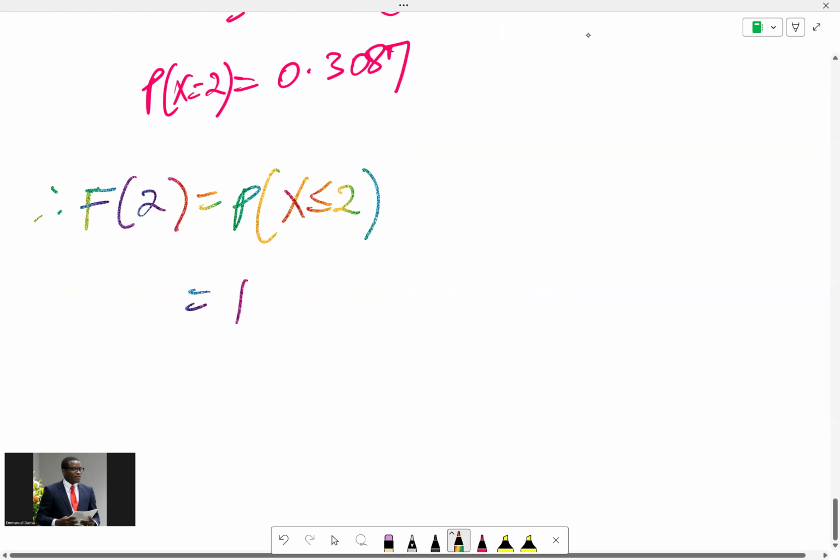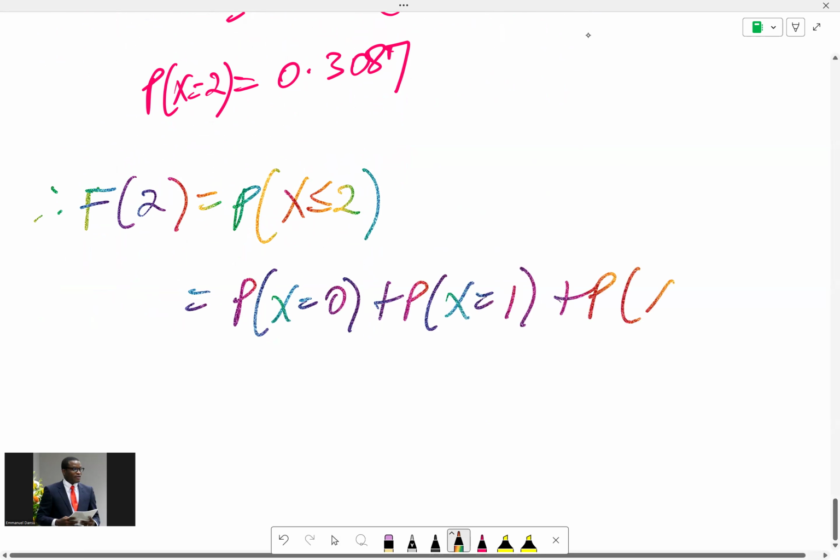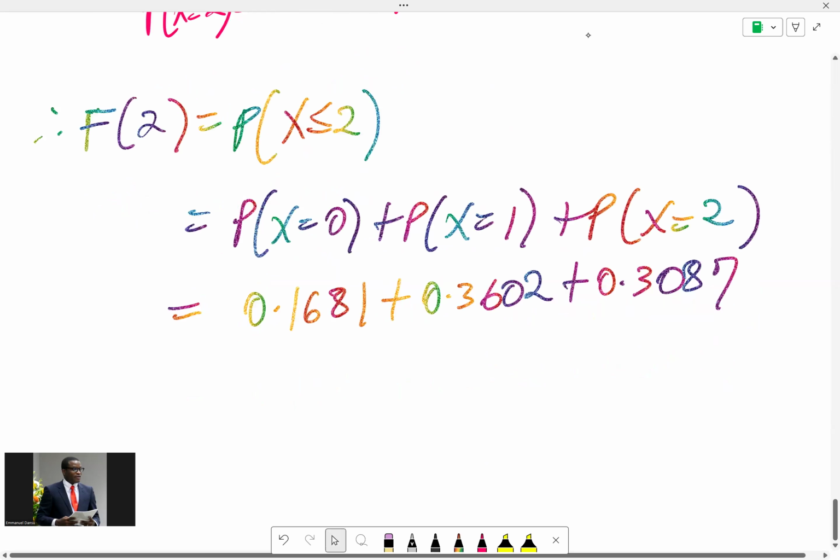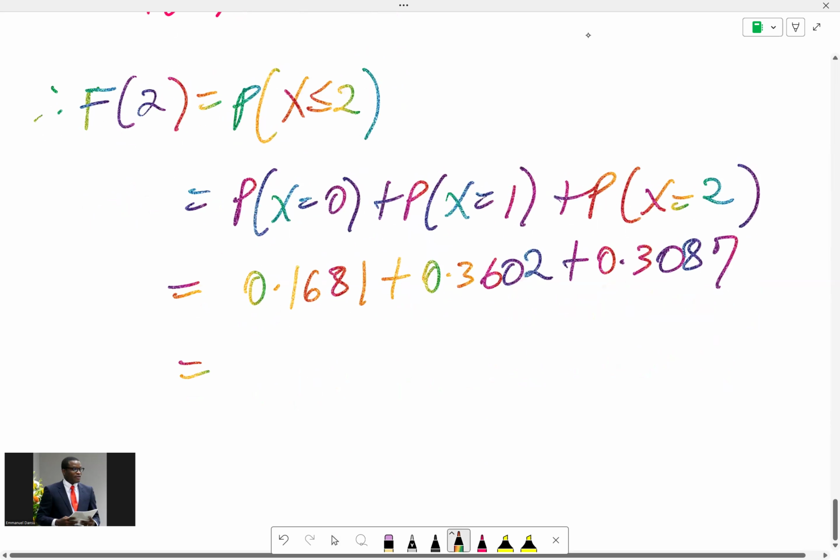So that is the probability that x is equal to 0 plus the probability that x is equal to 1 plus the probability that x is equal to 2. That will be 0.1681 plus 0.3602 plus 0.3087, and that is equal to 0.8370.